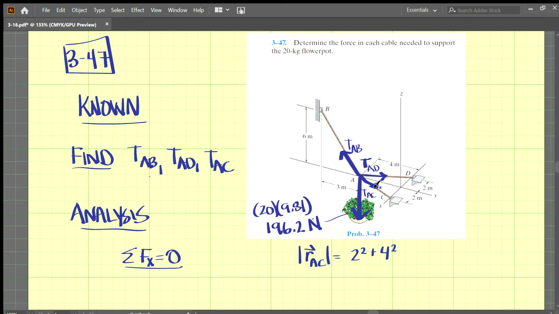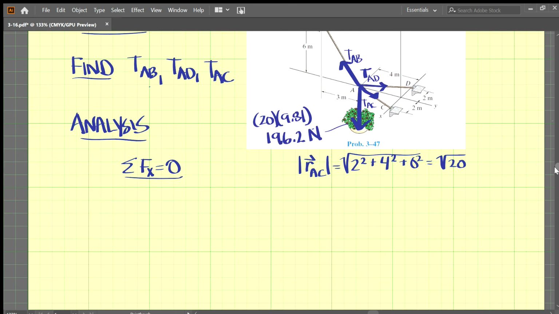And then lastly, in the z direction from A to C, it's at the same z height, so that is 0, so 0 squared. And then we take the square root of that. So from A to C, that looks like the square root of 20. That's the length of the cable A to C.